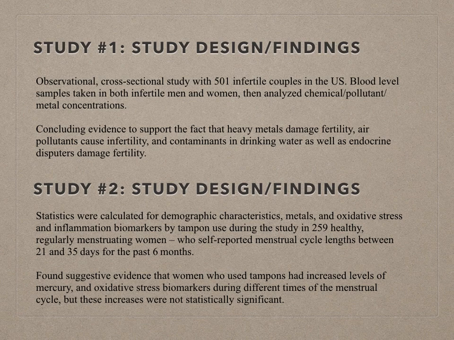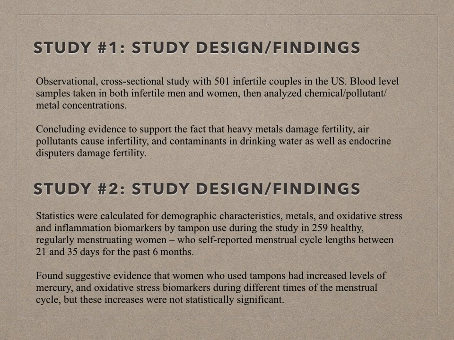The second study I looked at was done with 259 healthy, regularly menstruating women who self-reported their menstrual cycle lengths between 21 and 35 days for the past 6 months. They filled out a self-questionnaire, and then statistics were calculated for demographic characteristics, metals, and oxidative stress and inflammation biomarkers by tampon use during this study.